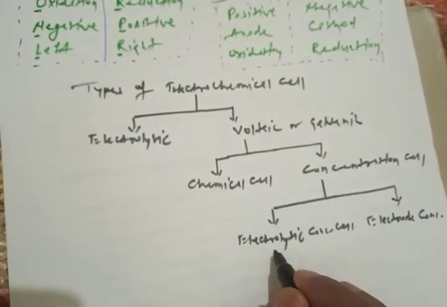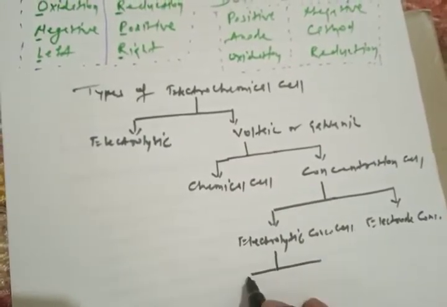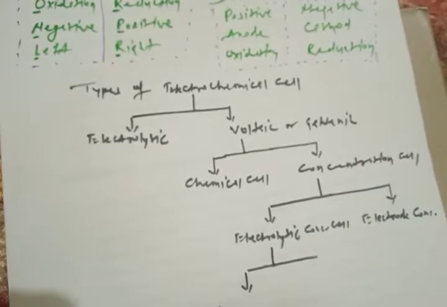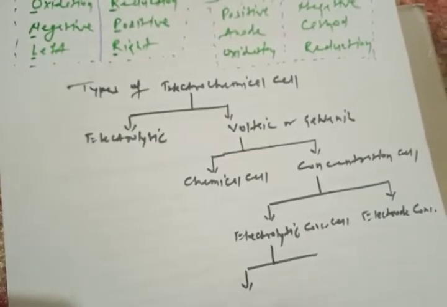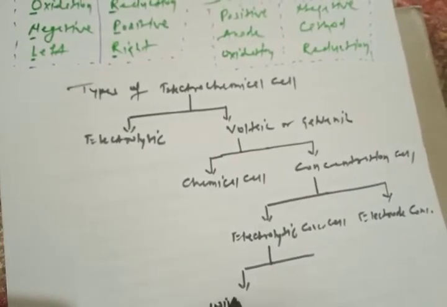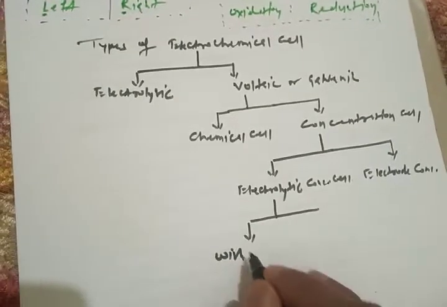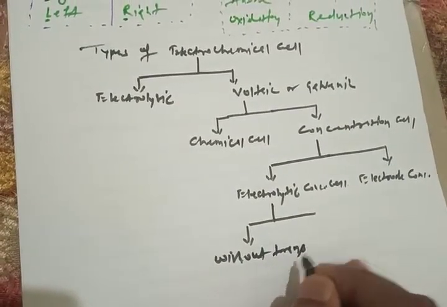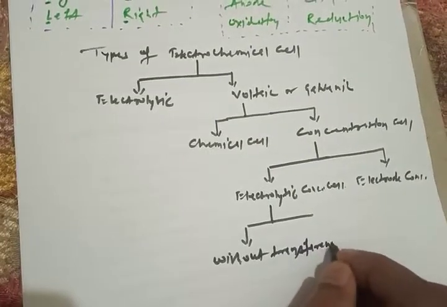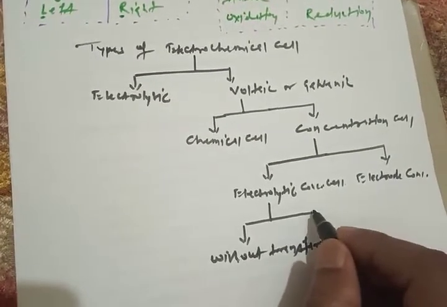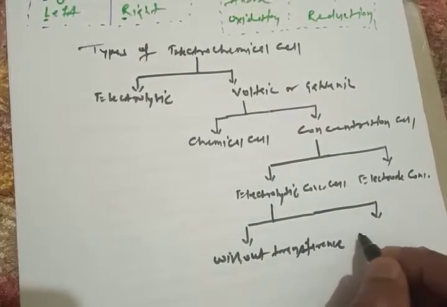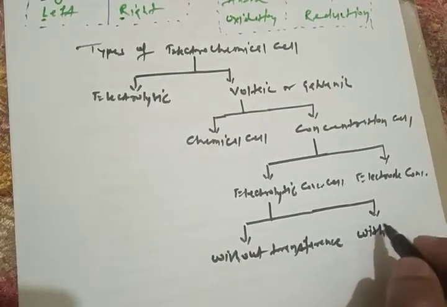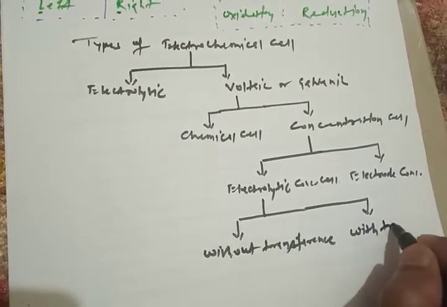Then the electrolyte concentration cell is again divided into two types. This is called without transference, and the second one is with transference.